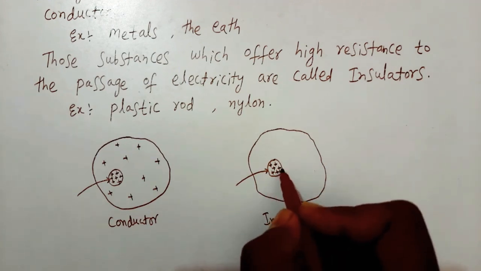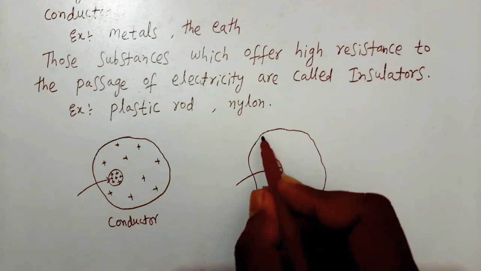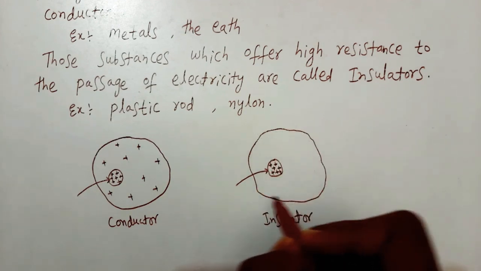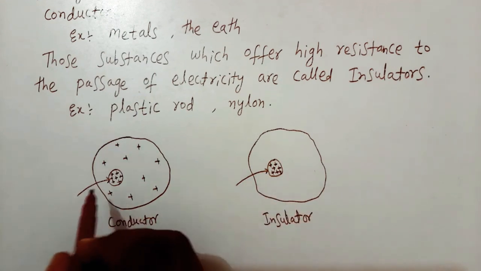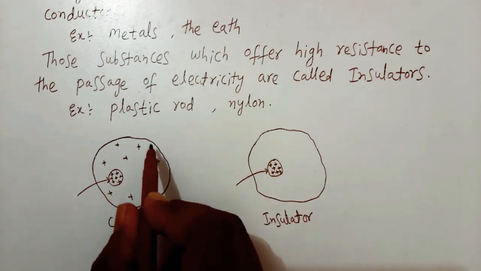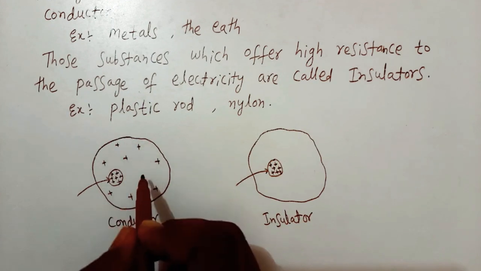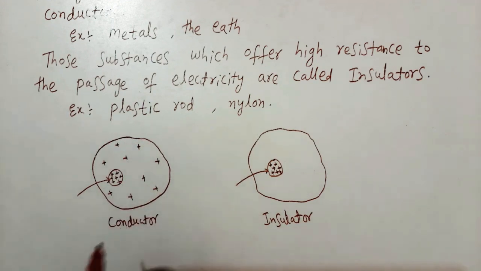That is, this given charge is not distributed over the entire surface of the insulator. But in a conductor, the given charge is distributed over the entire surface of the conductor.